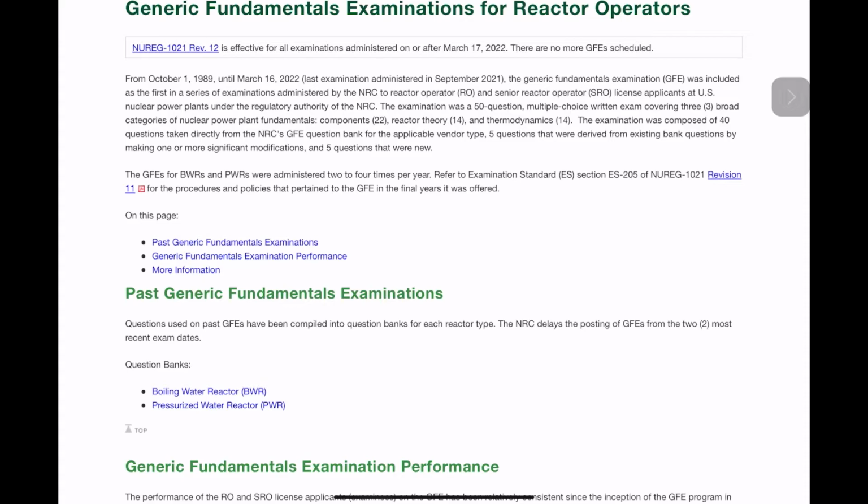The exam itself is comprised of 50 questions, but only 40 of them are taken directly from the NRC GFE bank. 5 of those questions are similar to the ones in the bank, and then you're gonna have 5 new questions. In order to pass the exam, in the past you had to have a 90%, but I think now some plants allow you to have an 80% passing grade on this exam.